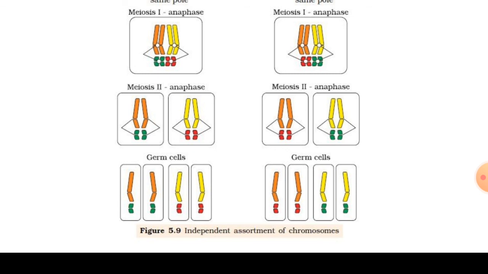Right? Different colors are given to show the different alleles which are being inherited, and the chromosomes to show the representation of different chromosomes.